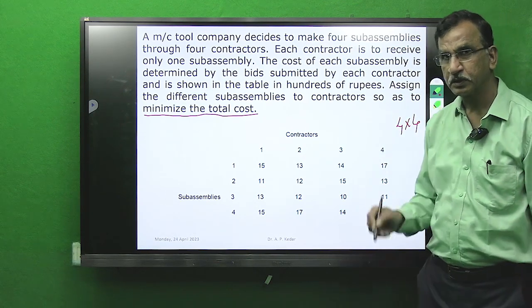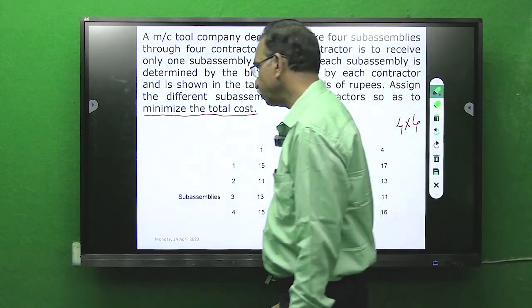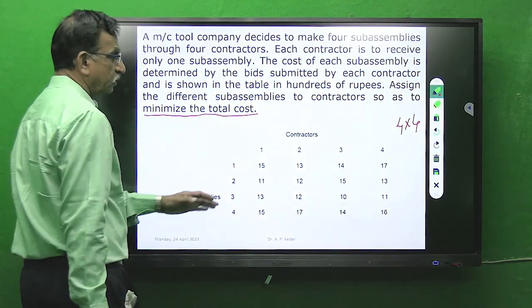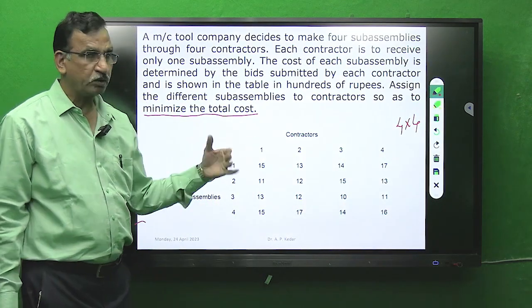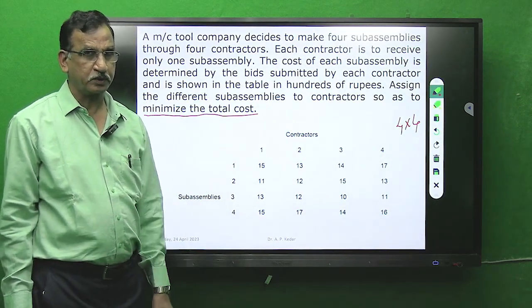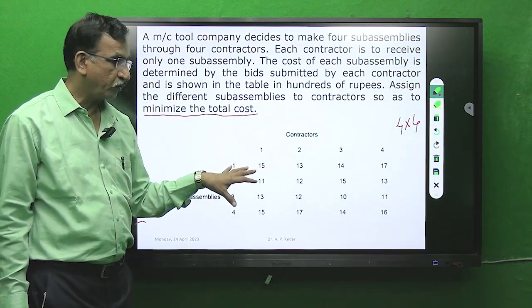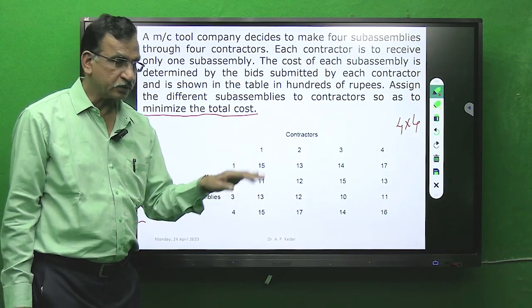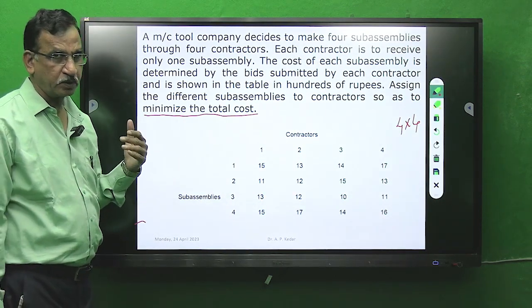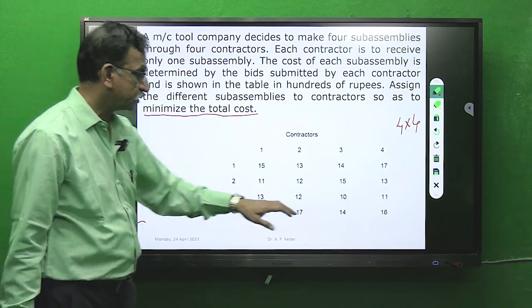So the condition which we need to test first, that it is a square matrix, is satisfied. Now we will go with the further aspects, that is performing row operation, then column operation, and then assignment. So step by step let us see how it works.